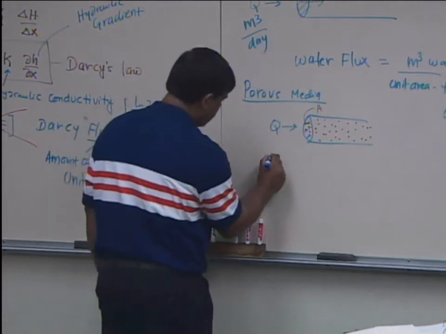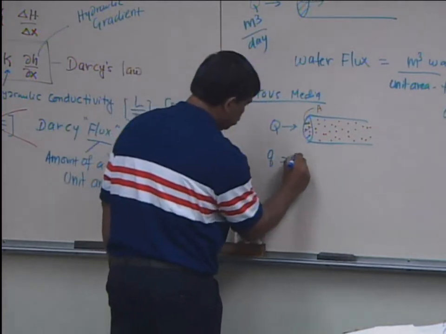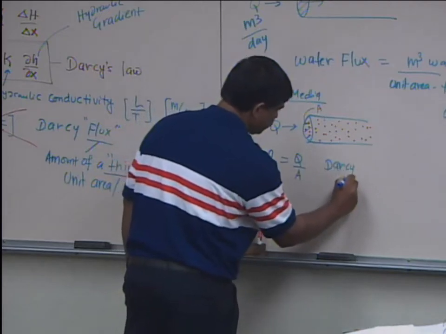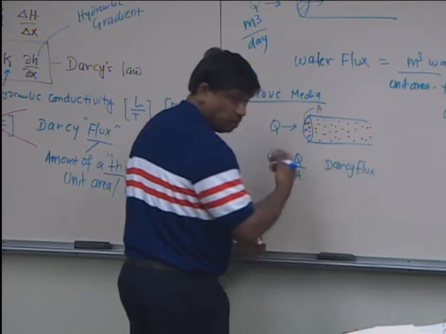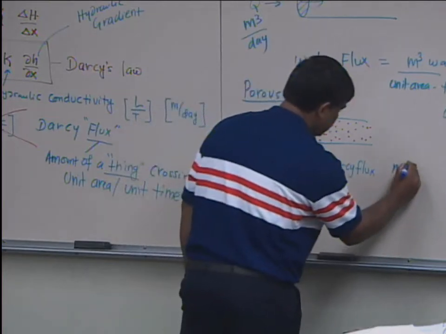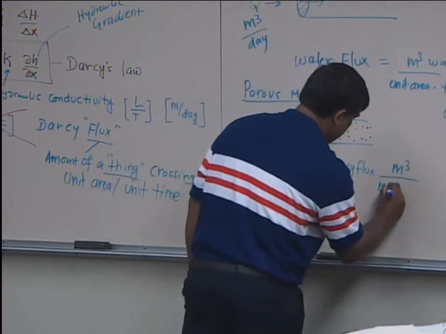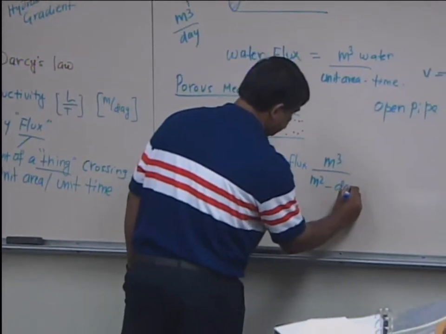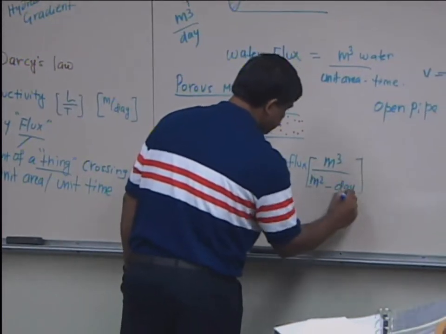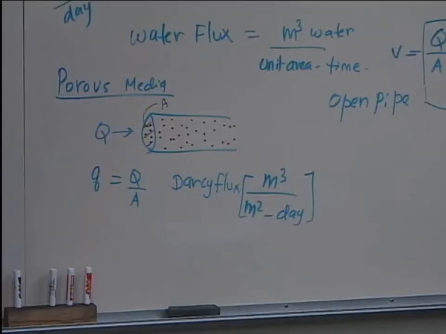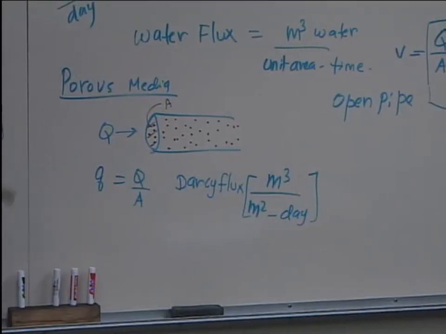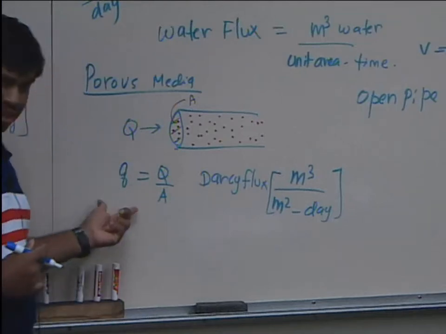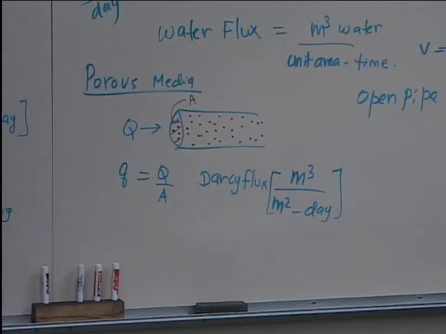Now if I define q equal to Q by A as the Darcy flux, which is nothing but cubic meter of water per meter squared per time. I'm not going to cancel the units, and there is a reason for it: the minute you say flux, you have to associate some quantity and some area with it.